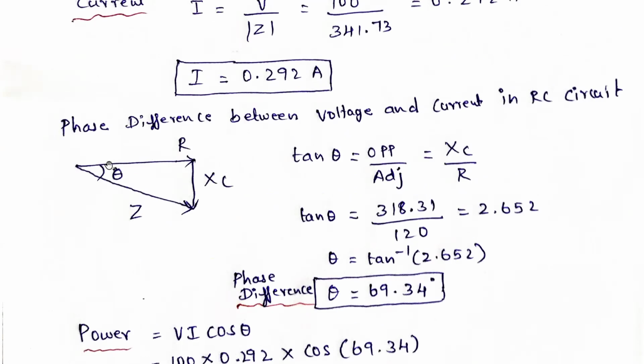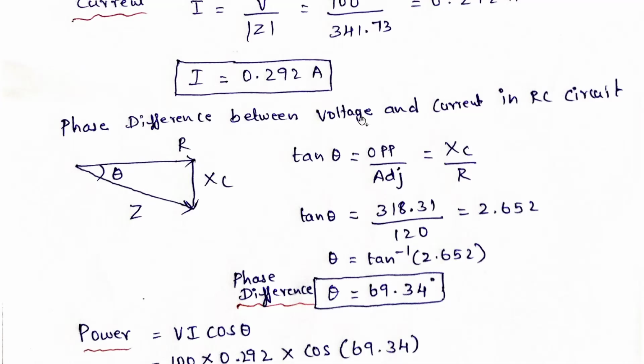We need to find this angle. So tan theta is equal to opposite side divided by adjacent side. The opposite side is XC, the adjacent side is R, and the hypotenuse, the resultant, is Z. So tan theta is XC divided by R.